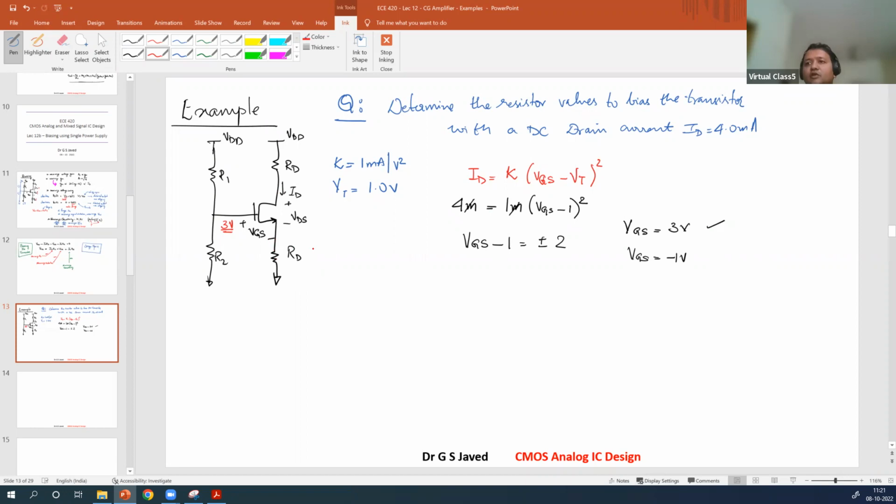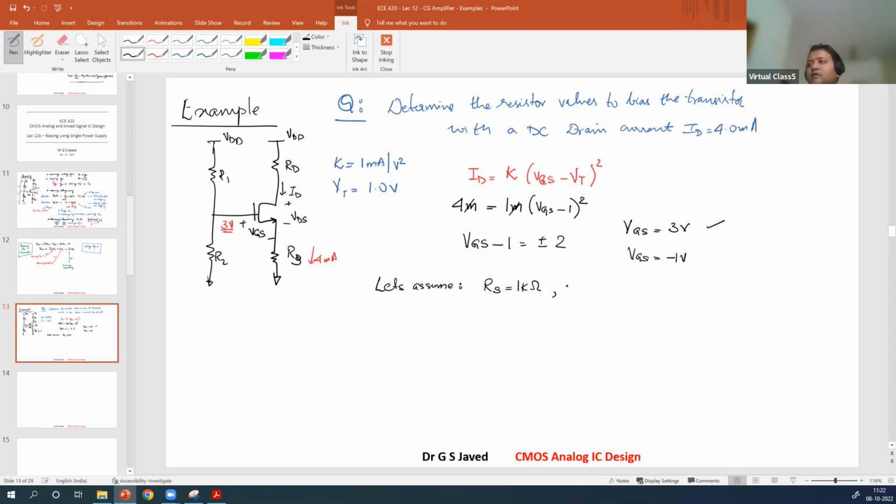You need ID is 4 milliampere. So what will be the value of RS? Because unless we get that value, we don't know. So even now, let's assume RS equal to 1 kilo ohm.